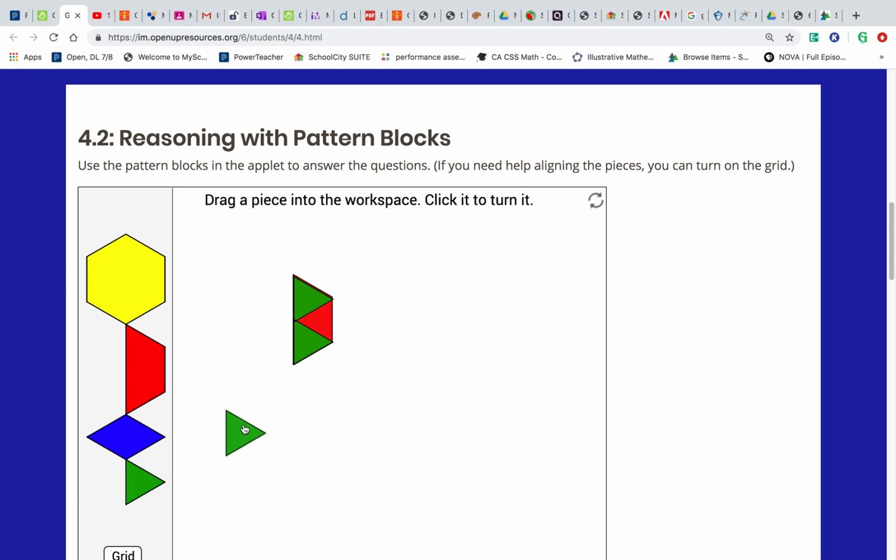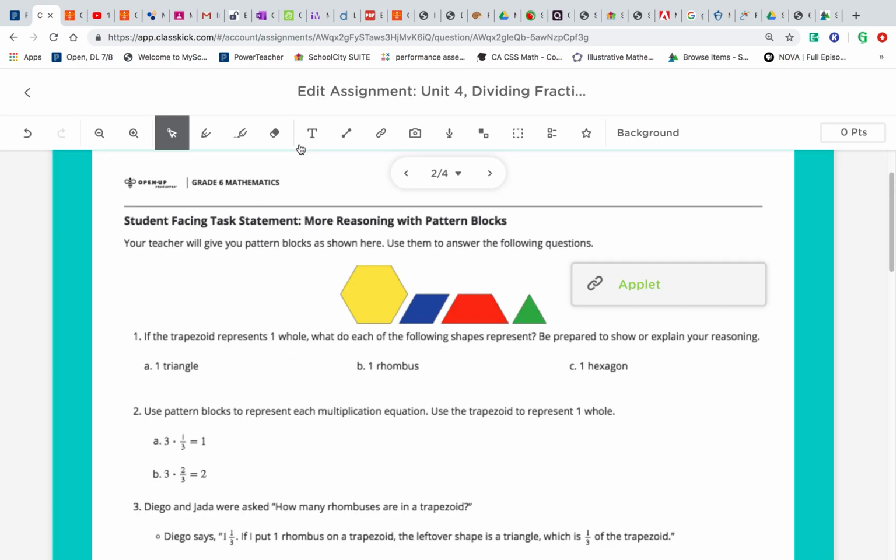All right, and then I'm going to have to rotate this one around. There we go. There are 3 of them, right? They're not 100% perfect, but you can see they would fit together nicely in a puzzle. There are 3 of them. So we know then that the triangle represents 1/3 of the trapezoid. Okay, 1/3.